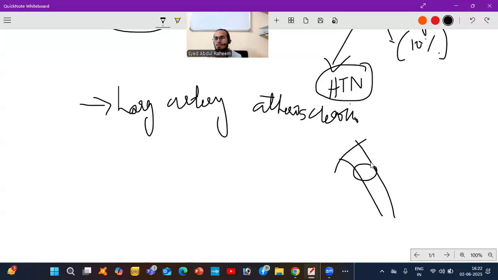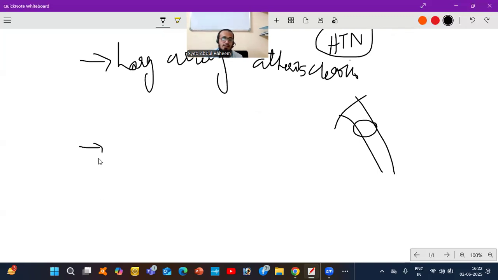That creates a blockage and stops the blood from reaching the particular area which requires the blood. So it is one reason. Another reason is embolism. The reason of ischemic stroke is embolism.